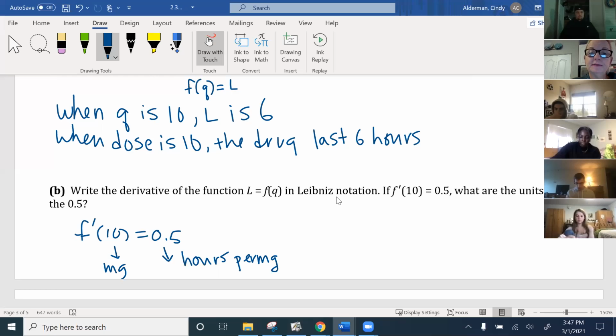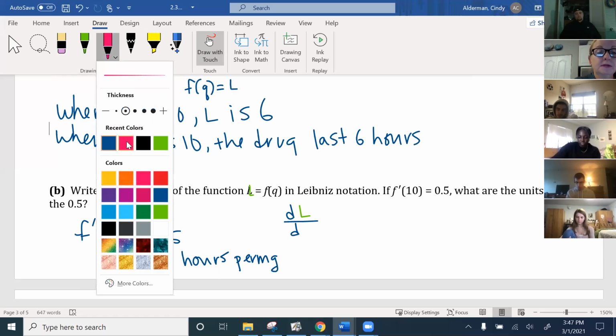Okay, so if we do Leibniz notation, remember this L goes on top, and then we're going to have d over d. That's just Leibniz notation. And then whatever it's a function of, the Q goes on the bottom.